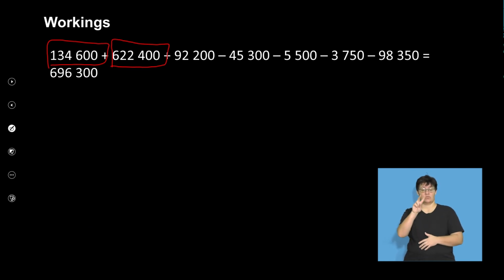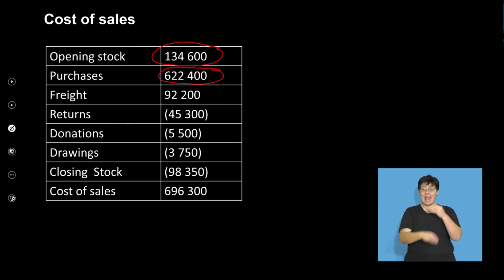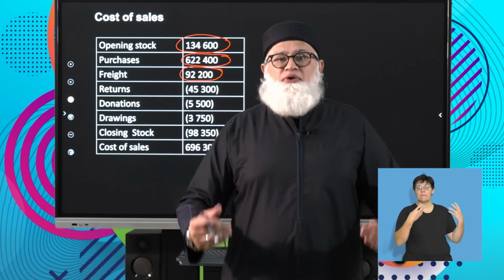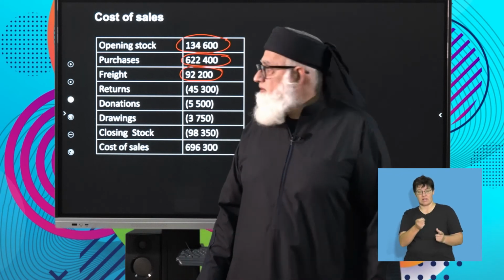In my calculation, I'm going to add my 92,200. In my table, I'm going to bring in the freight, because that's the cost that I incurred in bringing the merchandise from the point of purchase to the point of sale at my business, in other words, where I'm going to be selling the goods.